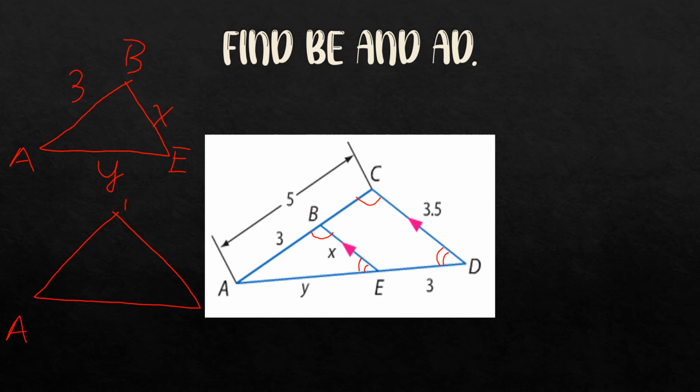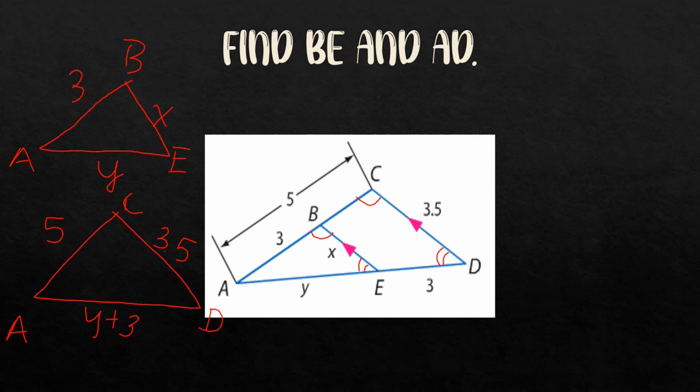Oops, I just marked that wrong. CD is 3.5, and AC is 5. AD is Y plus 3. Make sure you add them and don't try to multiply them.